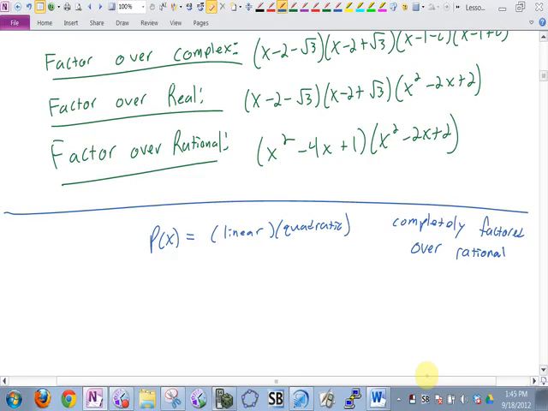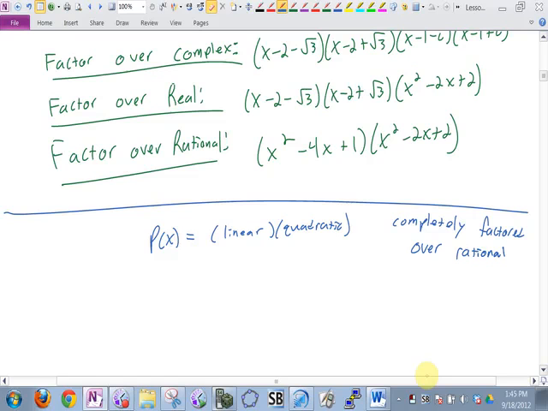But could it be one real, one imaginary? It could be one rational and two imaginary. So, when completely factored over the rationals, you end up with a linear and a quadratic. Could be one rational, two irrational, hence all three are real. Or it could be one rational, two imaginary.